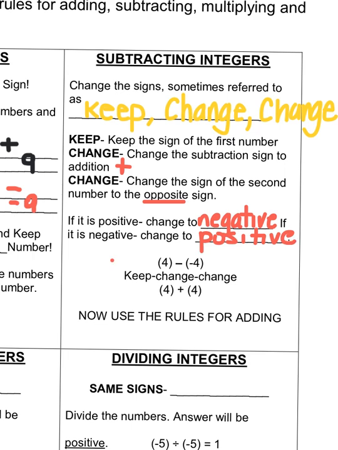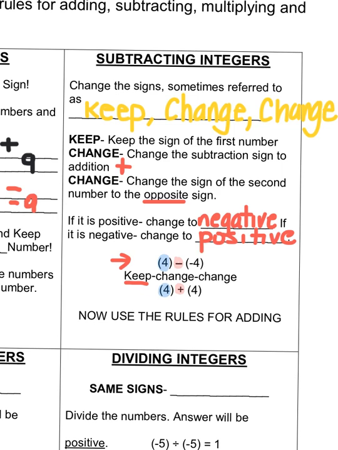So in this example, we have a subtraction problem. We keep the first one as it is, so it remains positive 4. We change the subtraction sign to an addition sign.